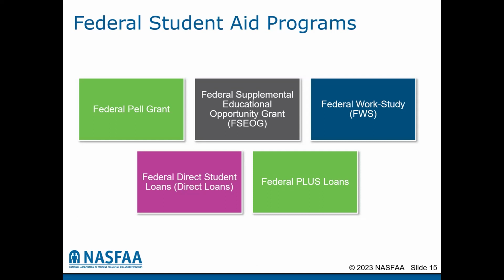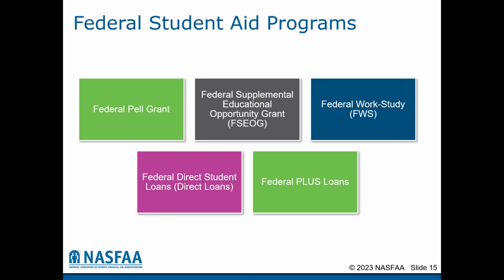Repayment of federal direct loans begins 6 months after the student graduates, quits attending a post-secondary institution, or is attending but is registered for less than 6 credits a semester. Finally, we have Federal Plus loans.